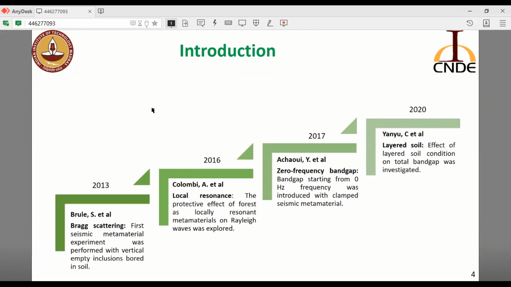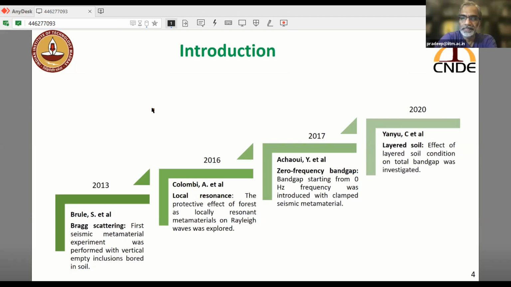Suppose there are two waves, and the path difference will be pi, and there will be destructive interference which will cancel the energy, and it will stop the propagation of the wave.